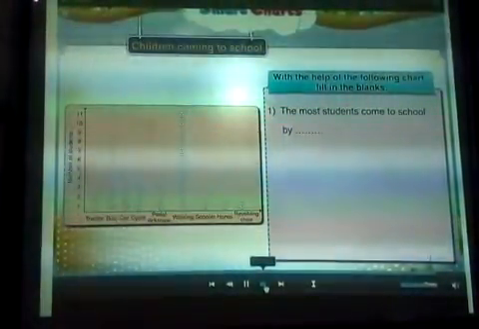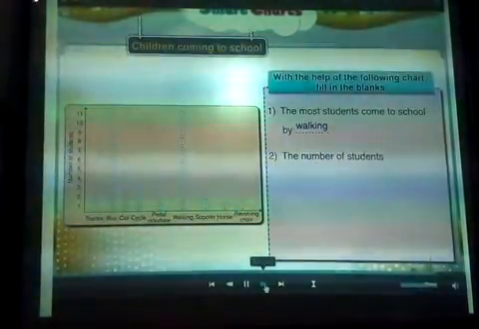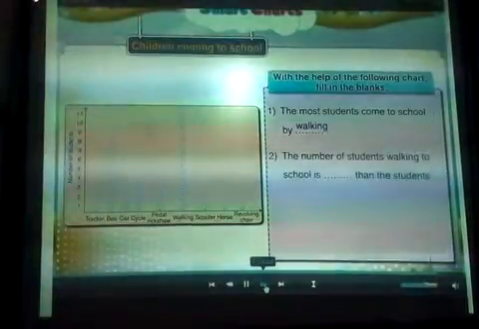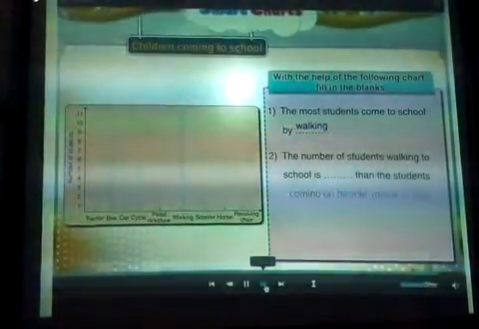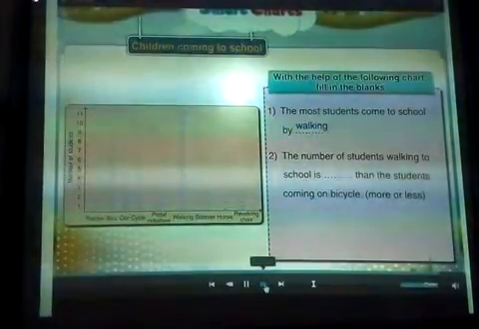With the help of the following chart, fill in the blanks. 1. The most students come to school by dash. The most students come to school by walking. 2. The number of students walking to school is dash than the students coming on bicycle.